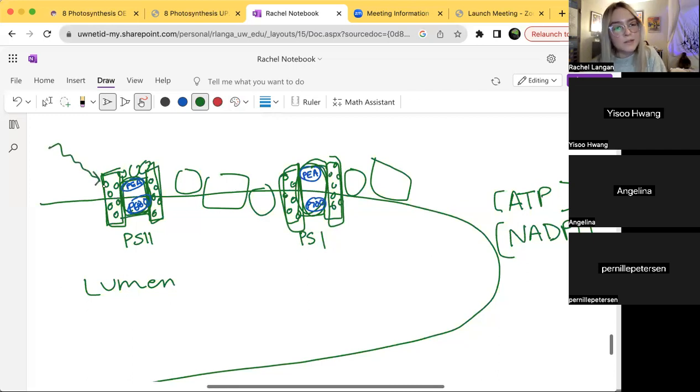Light gets absorbed by those chlorophyll pigments, and when they absorb light, their electrons become excited to a higher energy state. That higher energy state is passed from chlorophyll to chlorophyll, and as they pass that energy, it's called resonance energy transfer.